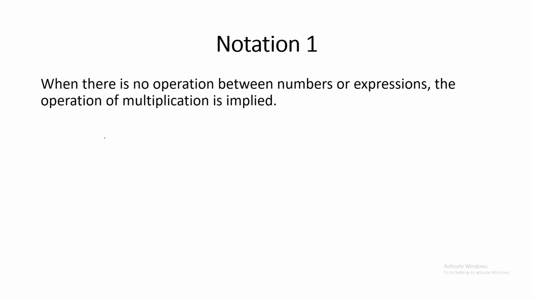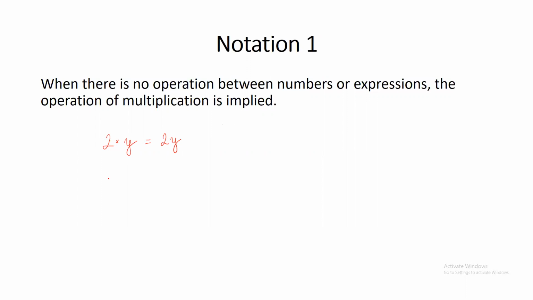So if we want to say the number 2 is being multiplied by this unknown number y, the way we're going to write this is we're just going to say 2y. Not writing any operation between 2 and y implies multiplication.